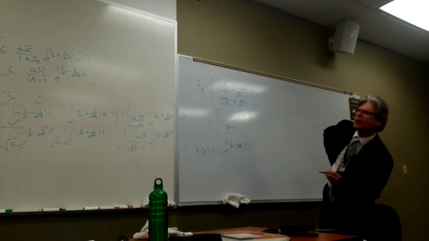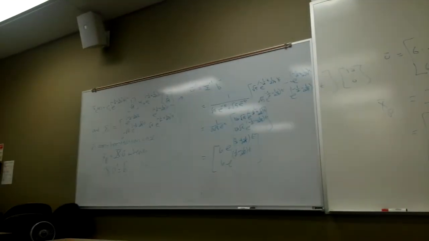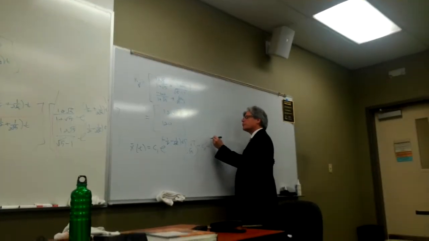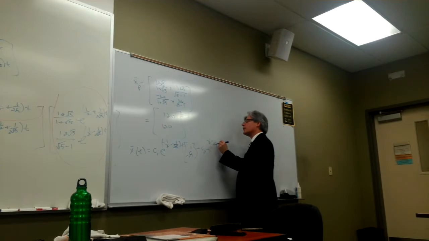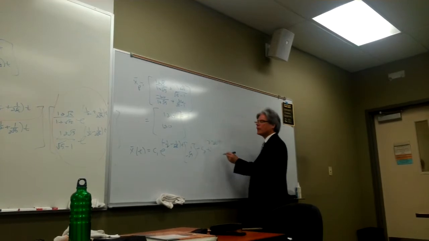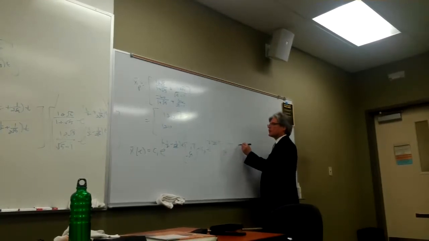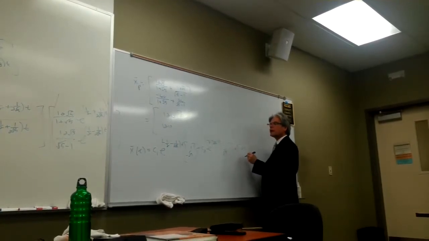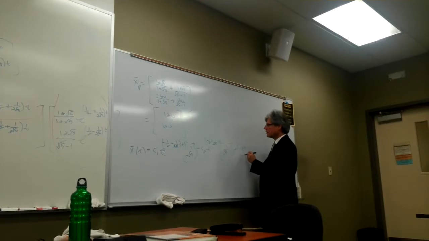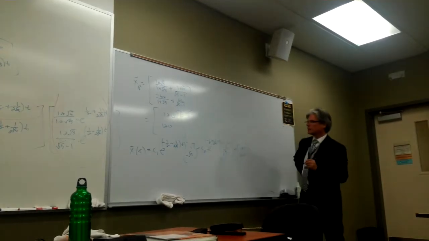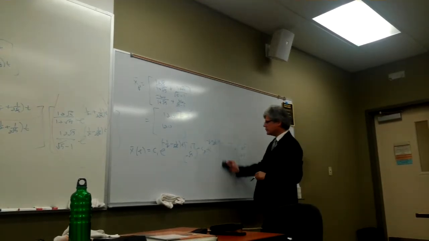And I got a 1, is it negative 1, negative root 5? Now the other one should be a c2 e to the negative 1/2 plus 1 over 2 root 5 times t, times 1 over root 5. And then plus 1/2. Ooh, that's bad. You put a fraction in your vector. Oh my goodness. You didn't see that.